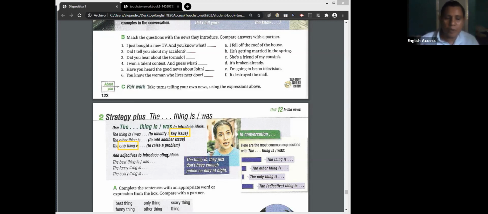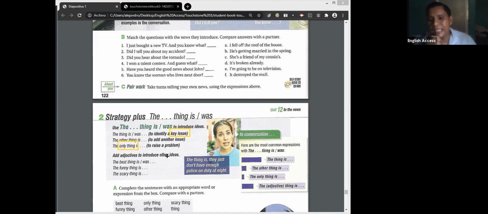You can use an adjective in front of the thing. For example, the best thing, the funny thing, the scary thing, and they are related to the topic that you are going to talk about. If you're going to talk about something scary, well, the scary thing is that.